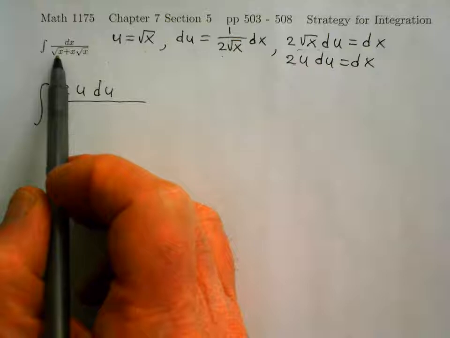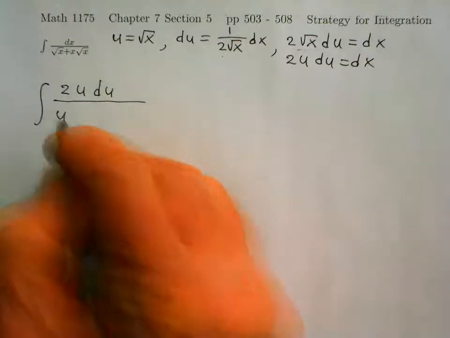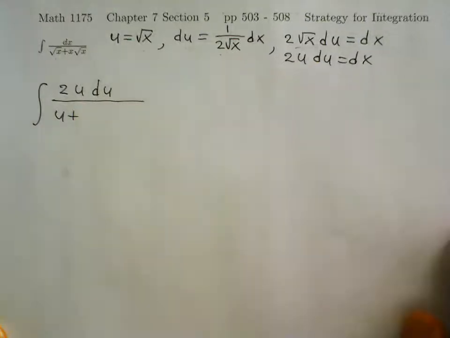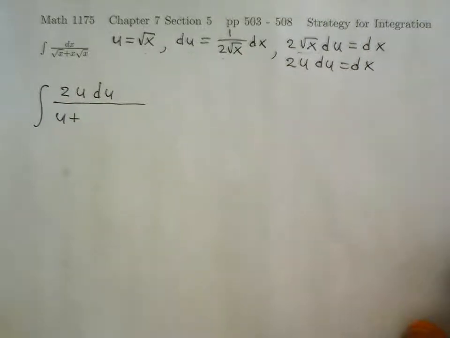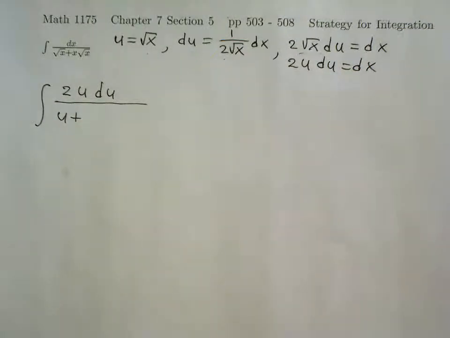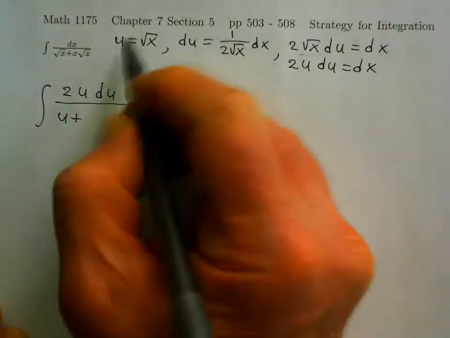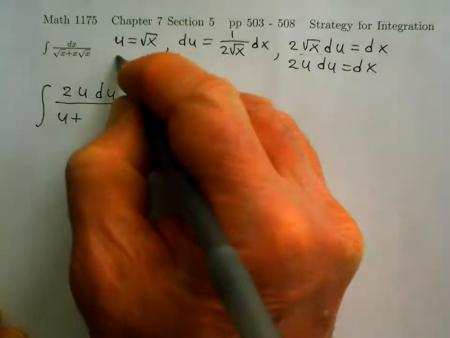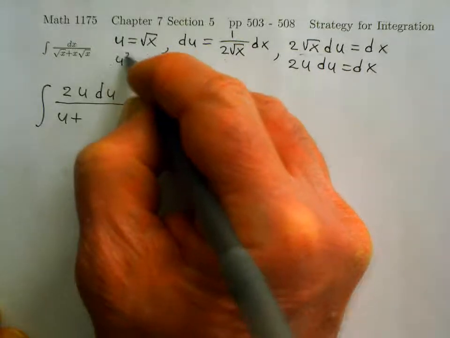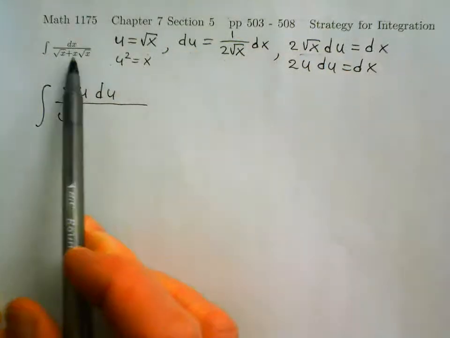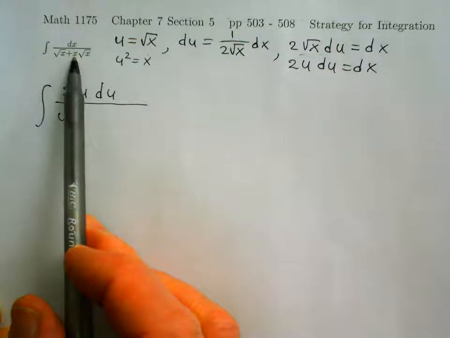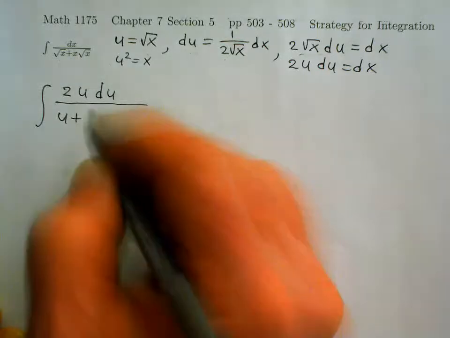That is the square root of x, so we replace that with u. And what about x times the square root of x? Yeah, it's going to be u to the third. Since u equals the square root of x, u squared equals x. So this term is u squared times u, or u to the third.